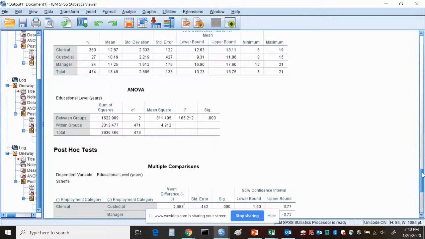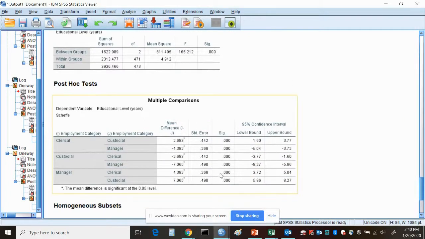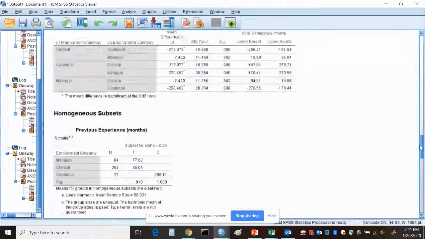So if we go down to our post hoc test, what we see straight down the line is that they're all different from each other, that there's a statistically significant difference between clerical workers and custodial workers. There's a statistically significant difference between clerical workers and managers, and there's a statistically significant difference between custodial workers and managers. And that is ANOVA.